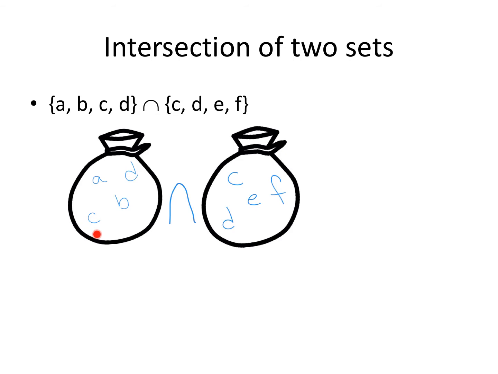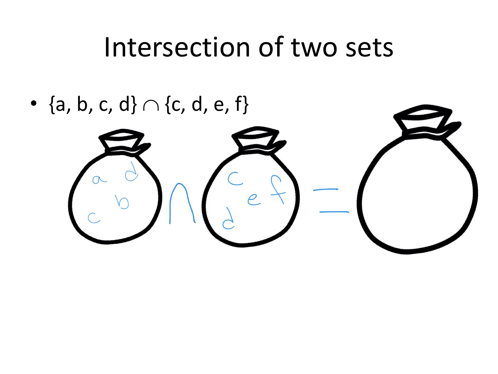We have a C, and sure enough, we have a C in there. So we need to add that to our intersection. So there's a new bag, and we'll put that C in there. And we can look again. The last item in here is a D, and there's a D in there. So sure enough, we can put a D in our bag. So the intersection of these two sets is just the set C, D.